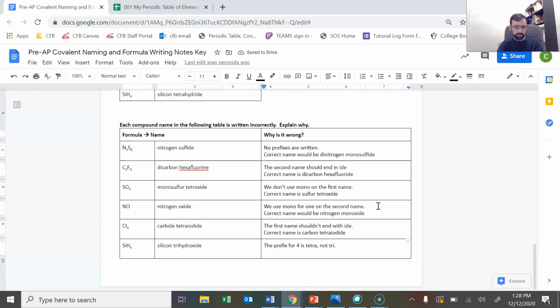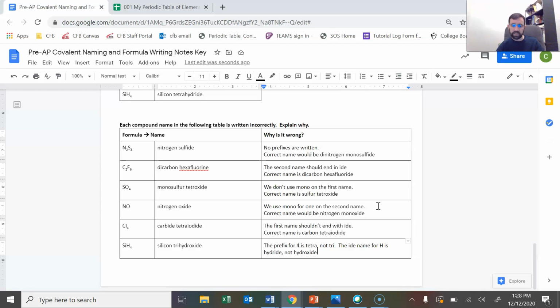Secondly, the IDE name for H is hydride, not hydroxide. Hydroxide is something else.